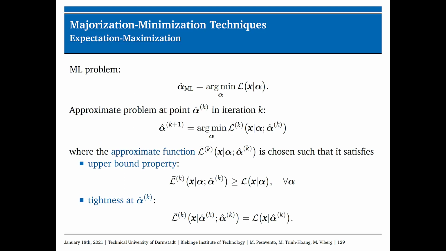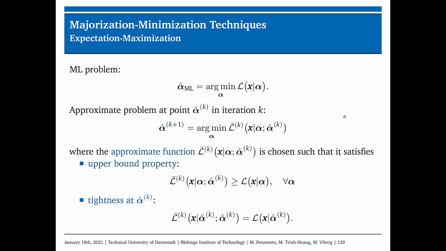Applying this procedure to the maximum likelihood estimation problem, we want to minimize the likelihood function L of x given alpha with parameter vector alpha in the following. At iteration k, we minimize the approximate function L bar of x, which is an approximation of the likelihood function at point alpha hat k.